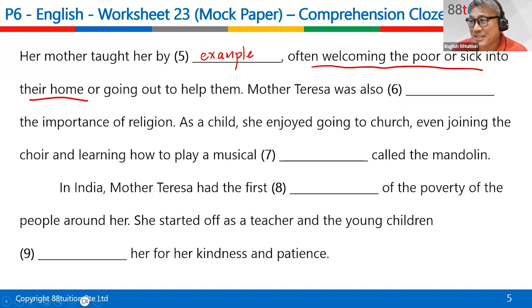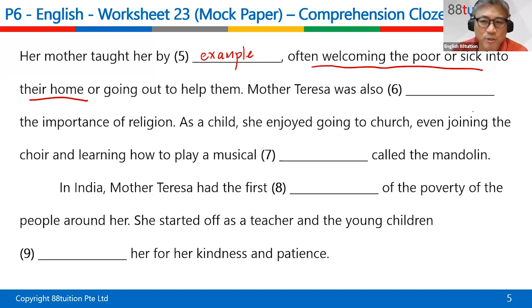She may have given a lot of examples with her actions, her gestures, there may be many. But when you say by example, we are talking about a process. It's not just one action, but many actions. The process which includes many examples and many actions, many gestures.